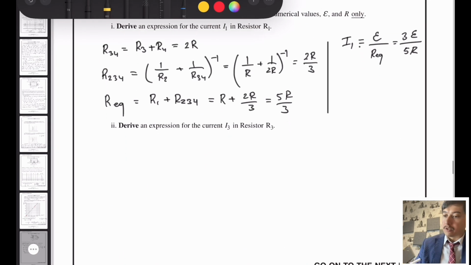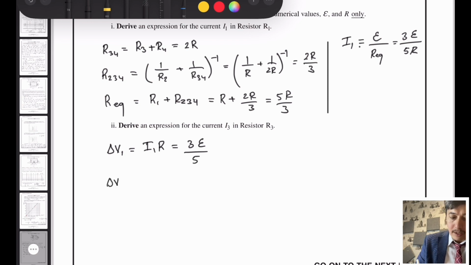So we already know the current 1 and resistance 1. So we can start from there. Potential across the resistance 1 is going to be current 1 times R using Ohm's law. So it's going to be 3 epsilon over 5.